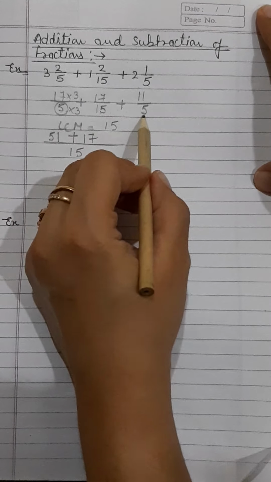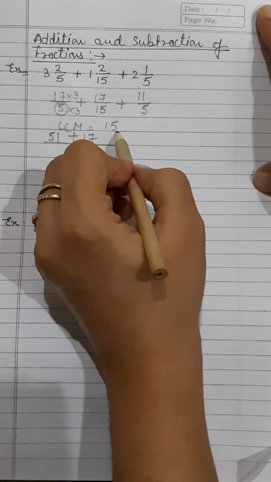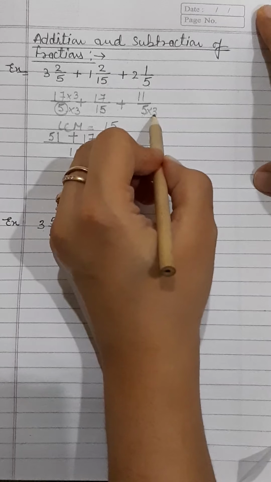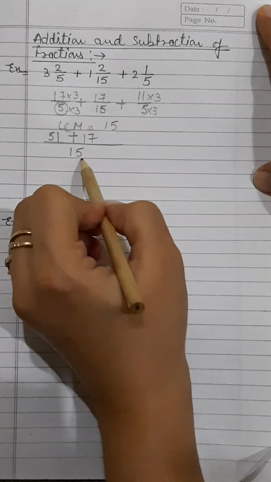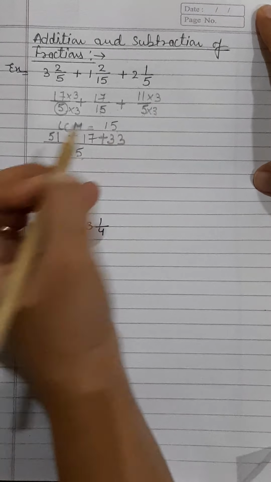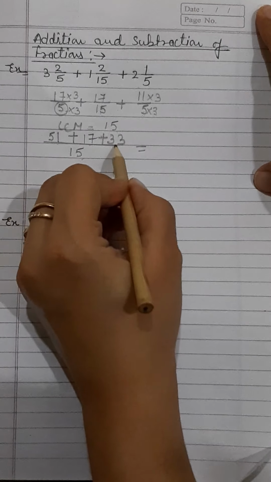Here again, which number do you multiply with this denominator to get 15? That is 3. So multiply the denominator as well as the numerator by 3. 5 3s are 15, 11 3s are 33. Right?